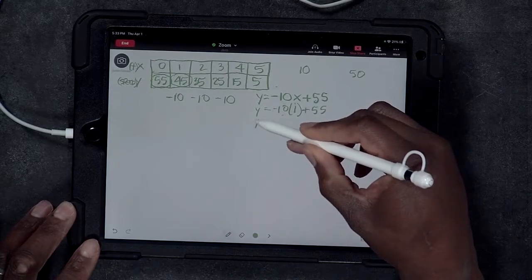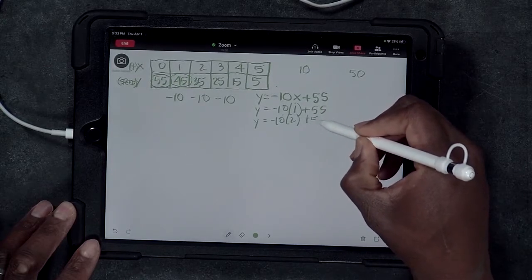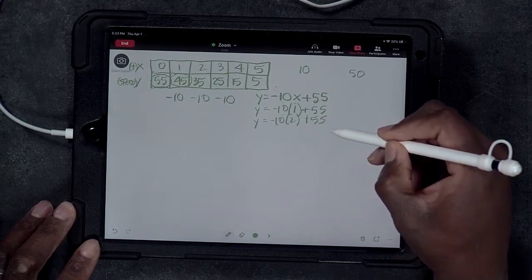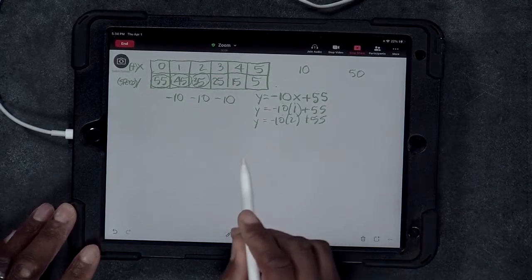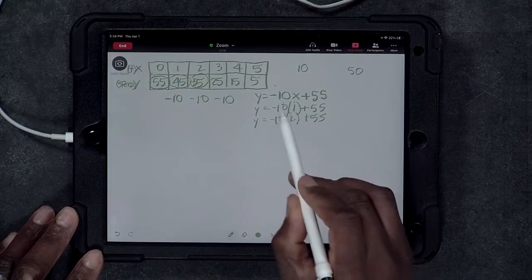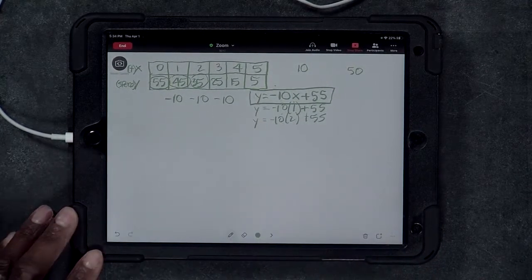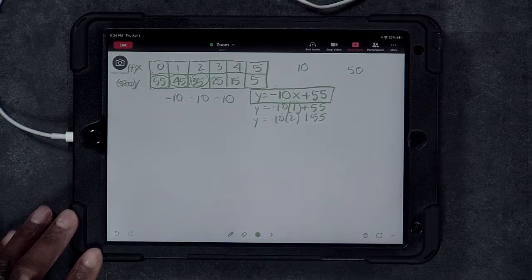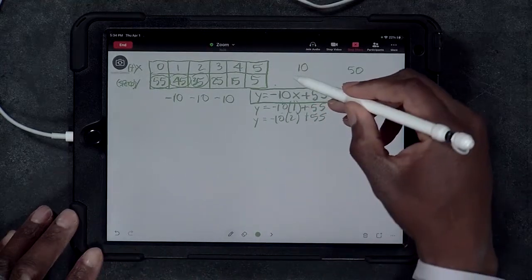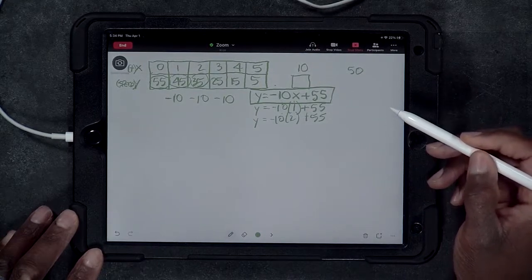We put in 2, negative 10 times 2 plus 55, you end up with negative 20 plus 55, which gives you 35. So I think what you'll discover is this equation now models the data that we have. And now that you have an equation that models the data, you can now make a prediction as to what your y value is going to be here at x is 10.